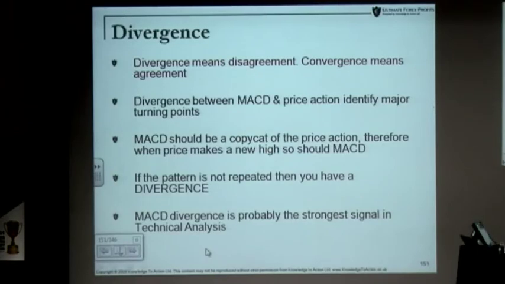The MACD itself should copycat the price action. And if they're in convergence, we continue buying, or we continue selling, depending on what the trend direction is. However, if the pattern is not repeated and the MACD is sloping downwards and price is still moving upwards, there is definitely weakness in that chart.